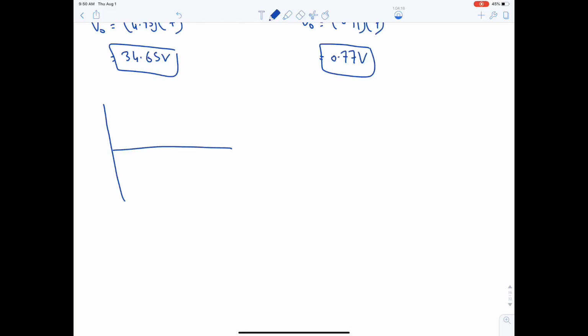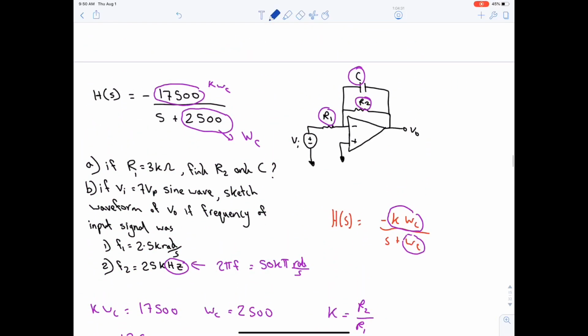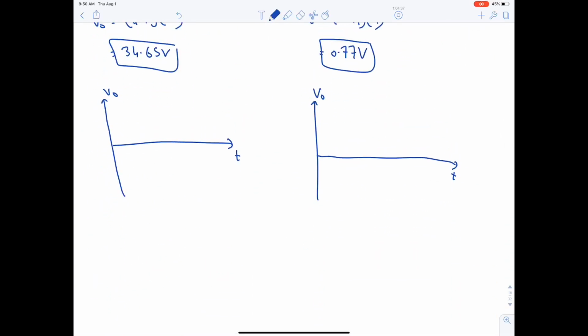Okay, drawing the output, there's no saturation, but the output is inverted because this is an inverting amplifier. Whenever you see an inverting amplifier, you have to invert your output.